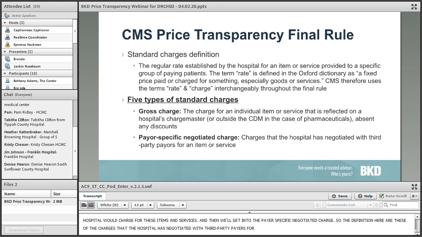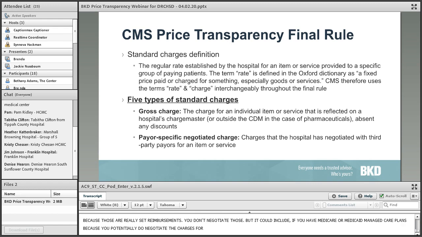And then we'll get into the payer-specific negotiated charge. So the definition here is that these are the charges that the hospital has negotiated with third-party payers for an item or service. What I want to point out here is that these, again, are negotiated charges. So if you think about this, this would not include your Medicare fee-for-service, your Medicaid fee-for-service, because those are really set reimbursements.